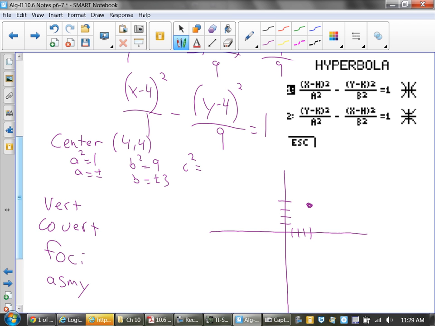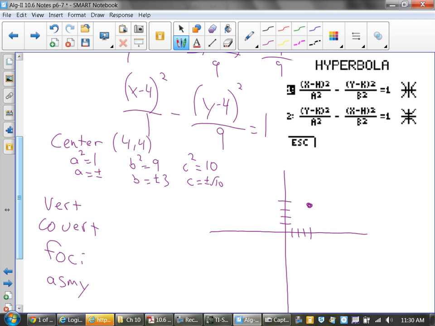It's going to be 10. Remember, the reason we can tell the a squared and b squared, if it's an addition or subtraction, is it's the opposite of the sign of the graph you're looking at. We're having a hyperbola that's got a subtraction sign, so that means c squared will be a squared plus b squared. When you have the ellipse, it's vice versa. So our c squared here is going to wind up being 10. So c is going to be plus or minus root 10.